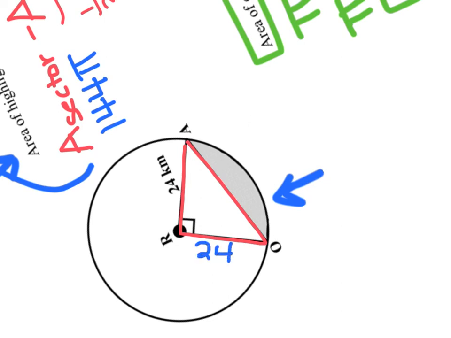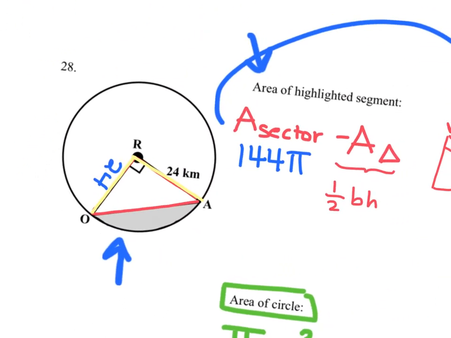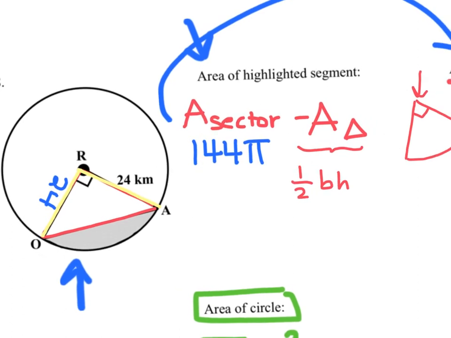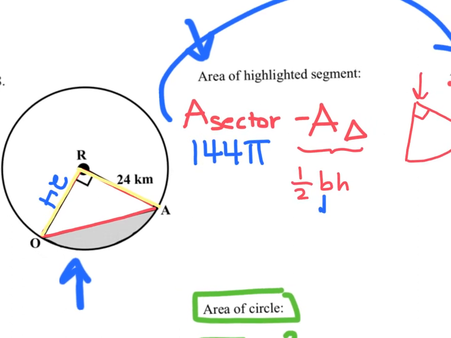All radii are congruent, so this radius, RO, is also 24. And I hope you guys would agree with me when I say that this is my base, RO, and my height is RA. Okay, so my base and my height are actually both 24. We're going to rotate that back. My base and my height are both 24.